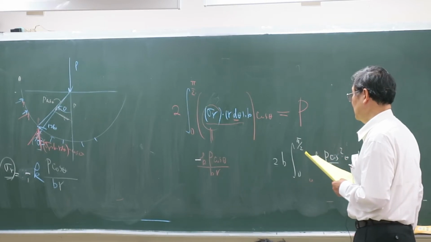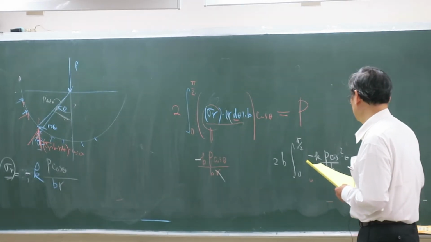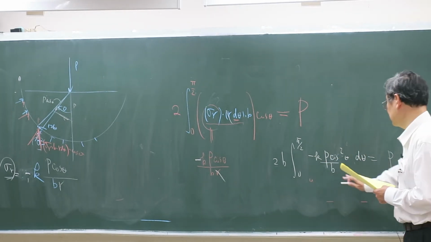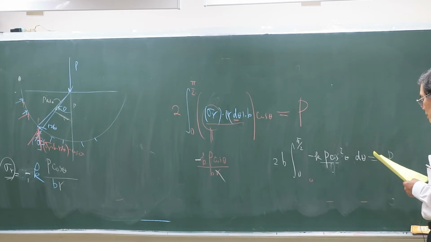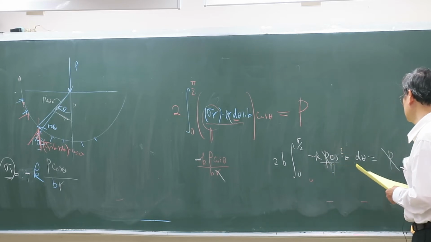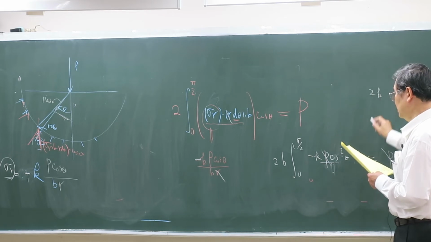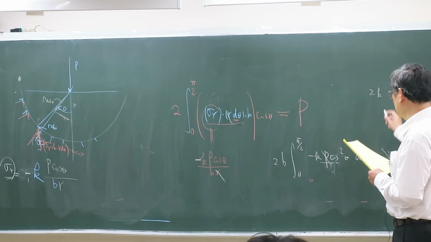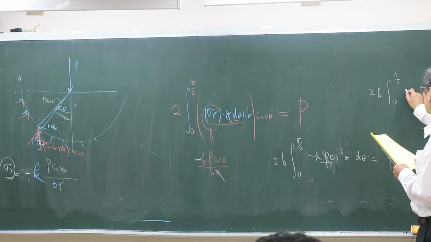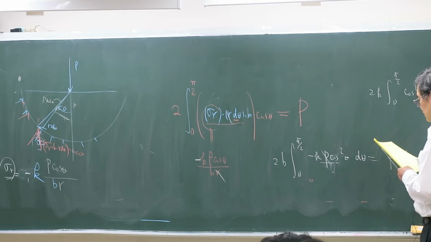Right, and R cancels, and equals P. And P cancels. So I have 2K, from 0 to half pi, cosine squared theta d theta equal to 1.